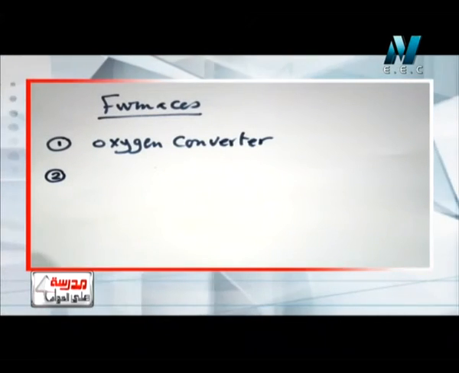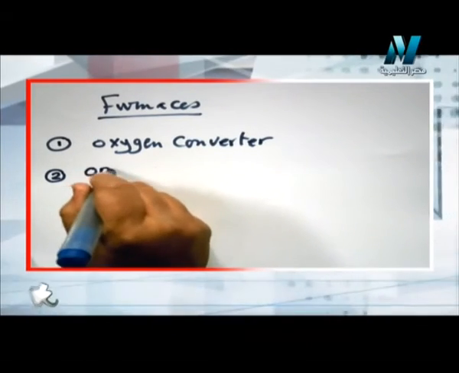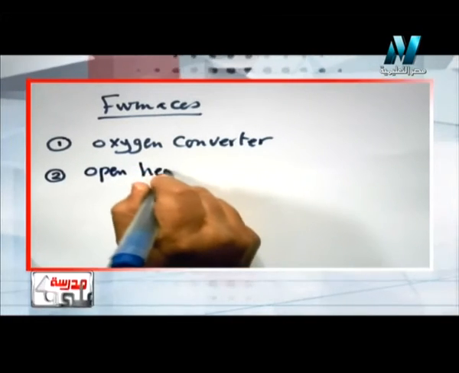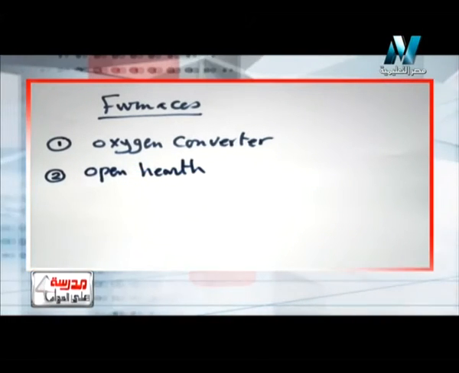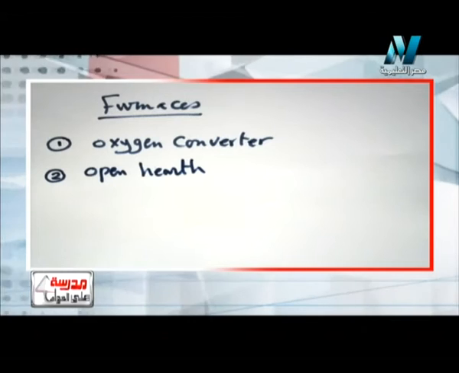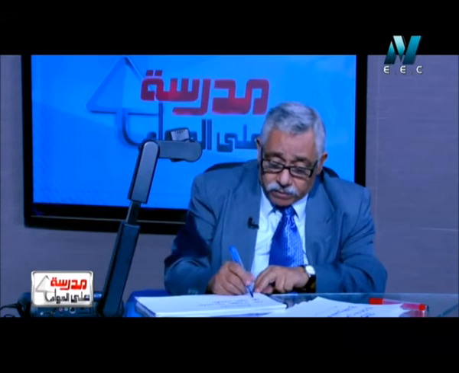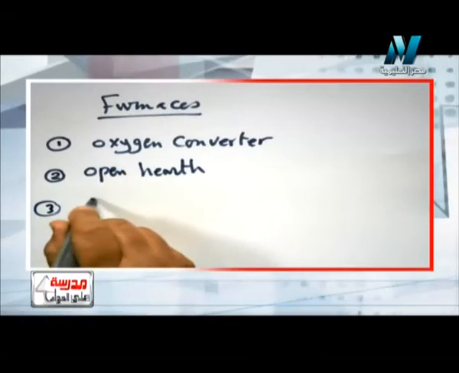Number two, an open hearth, the Siemens-Martin open hearth furnace. We put sponge iron that comes from Midrex in the open hearth, or Siemens-Martin, to get steel. Number three, an electric furnace.